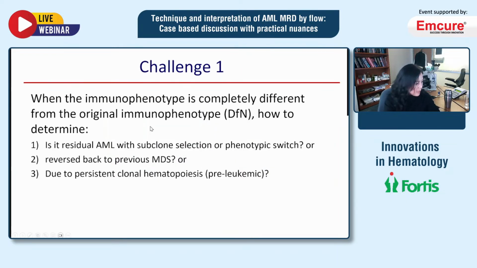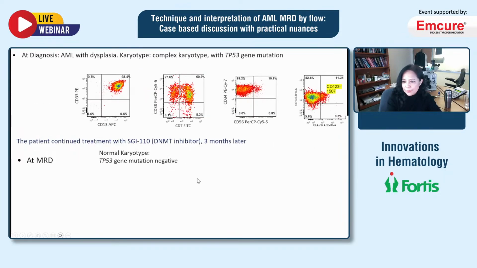So now I'm going to go over some cases. We said AMRDs remain to be challenging, but the challenge can be solved with solutions. So first of all, the first challenge to us is when the immunophenotypes are completely different from the original leukemia, how you determine if it is residual leukemia with subclone selection or phenotypic switch, or reverse back to previous MDS or persistent clonal hematopoiesis, right?